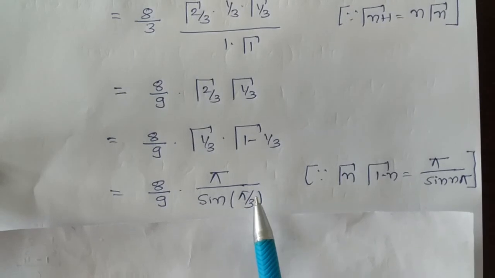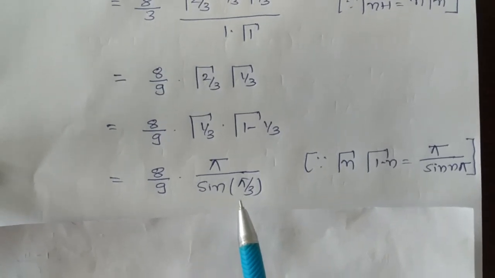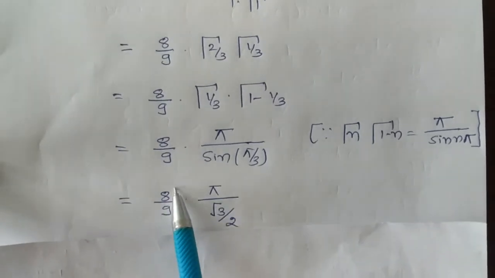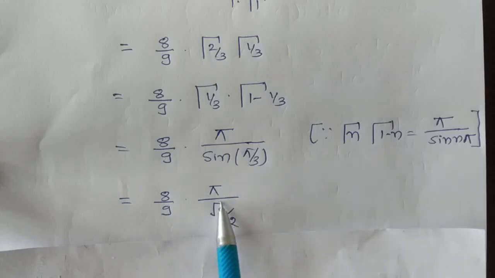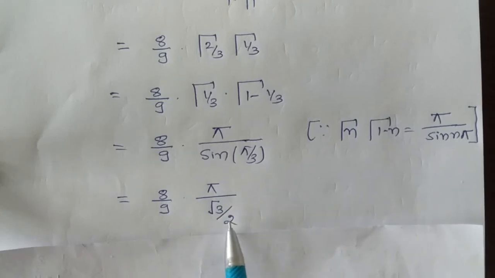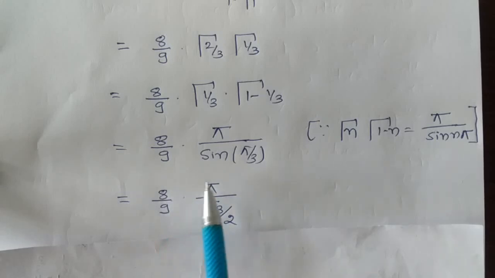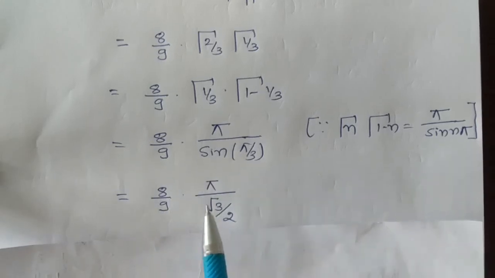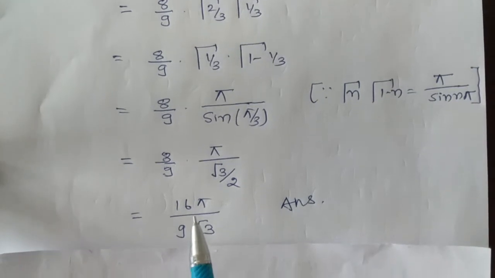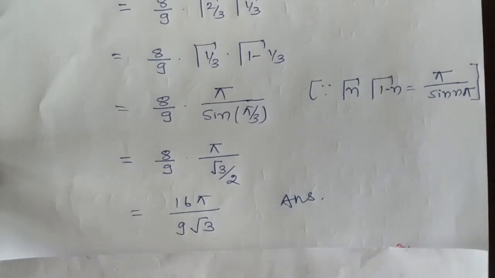And sin pi by 3 is root 3 by 2. So we have 8 by 9 into pi upon (root 3 by 2). This 2 goes in the numerator, then we have 16 pi upon 9 root 3. So this is the required result we have to prove, and we evaluated the integral using the beta function.